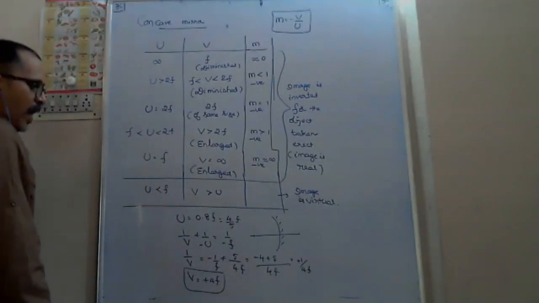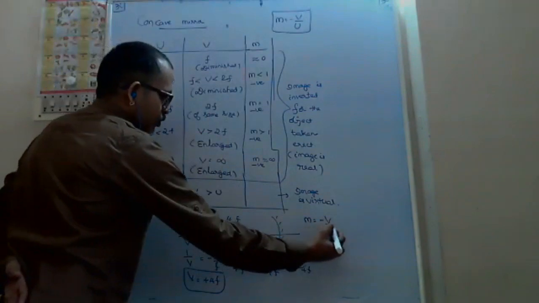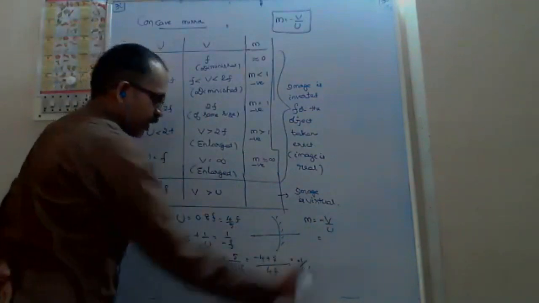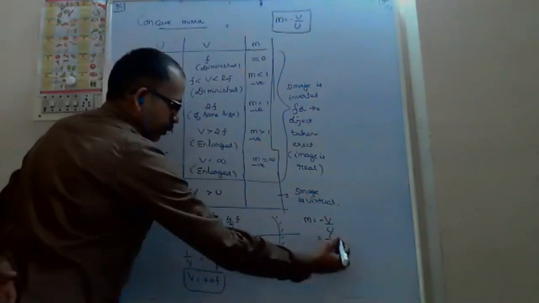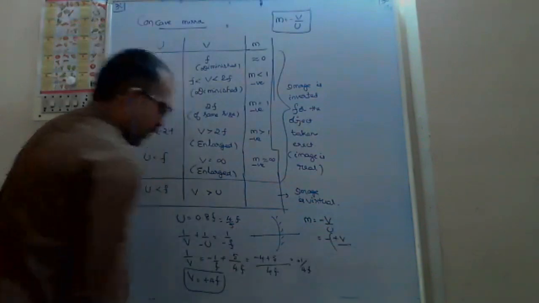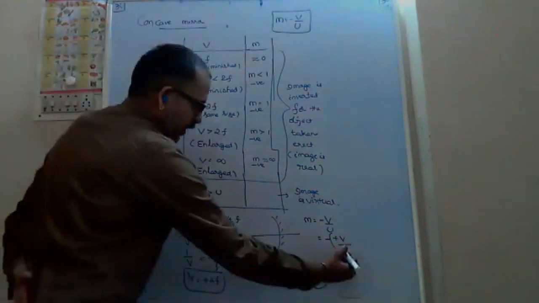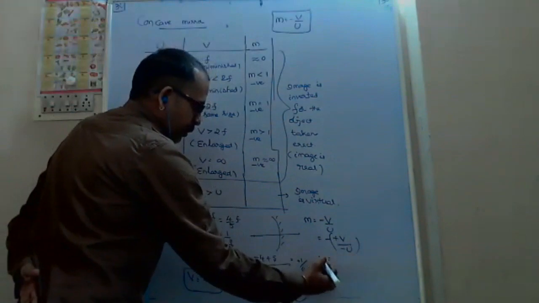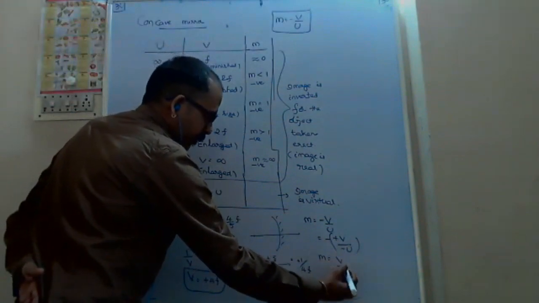Okay. And the magnification, if you see, m equals minus v by u. U is always negative for a real object, so minus of minus, you are getting plus v by u.